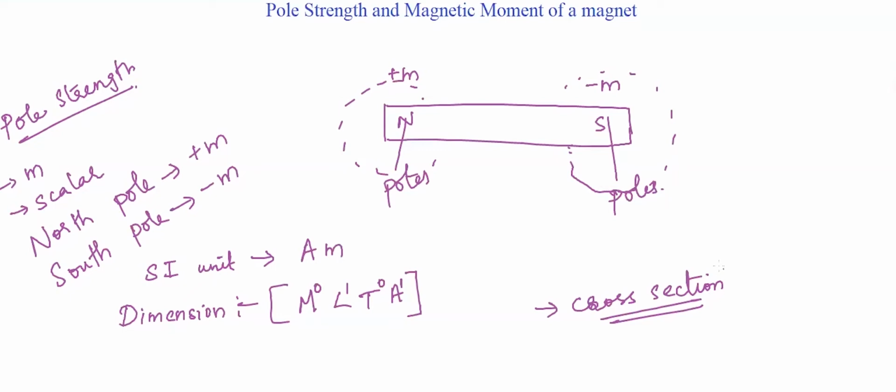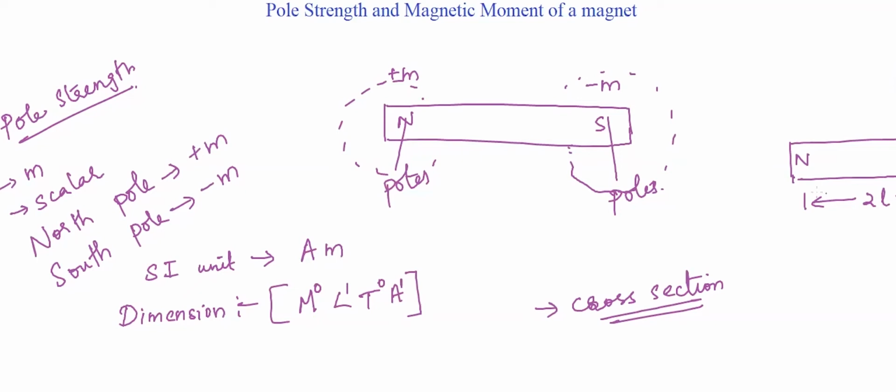What it means is that if you cut a magnet into different pieces, for example, let us take a magnet. This is a north and this is a south pole of the magnet, and its effective length is given as 2L. Effective length is always less than the physical length of a bar magnet.